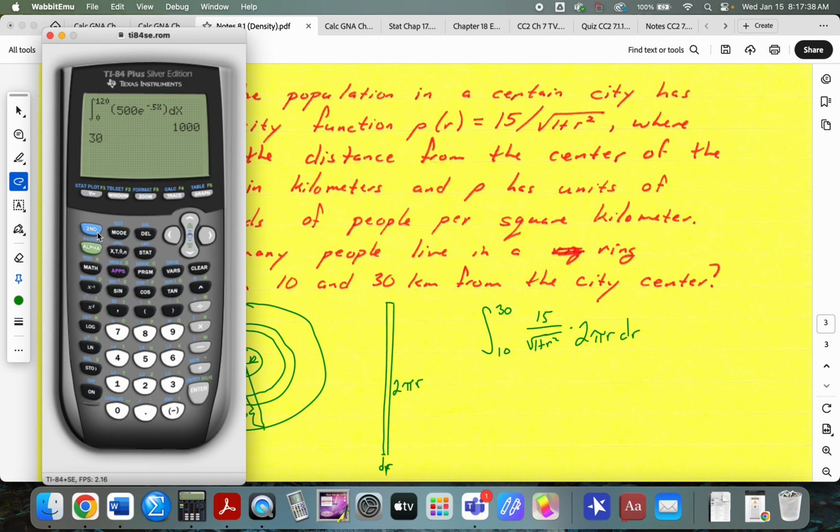Sorry, I thought I was into the integrand already. 30 pi, Math 9, from 10 to 30. I've got x over the square root of 1 plus x squared dx.